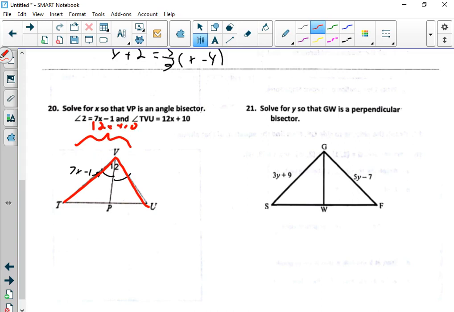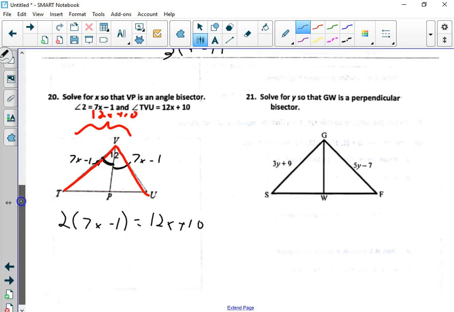Okay, they're not equal to each other. If this is 7x minus 1 and these are equal, this is also 7x minus 1. So like the previous problem, we can add them together or simply say 2 times 7x minus 1 equals 12x plus 10. The two parts add up to the whole.